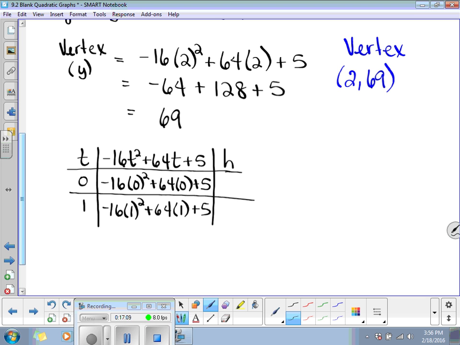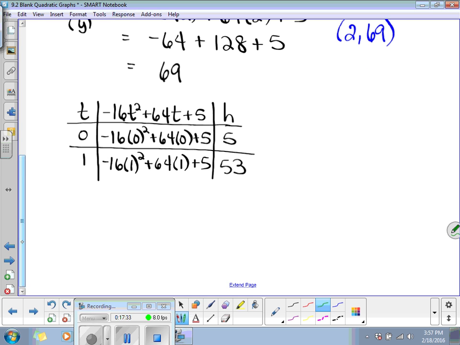So this is 0 plus 0 plus 5, which is just 5. That's the y-intercept, right? All right, so there we have our other 2 points to put on our graph. Are there any questions so far? Pretty good? All right.